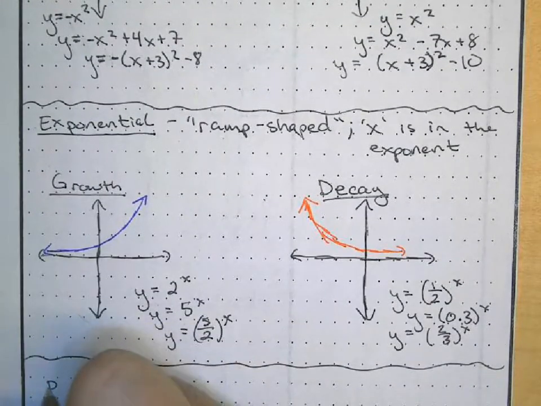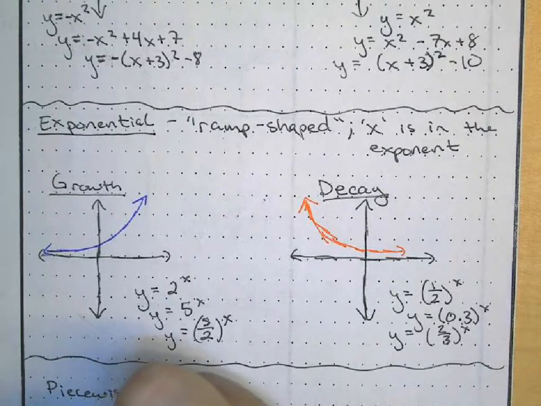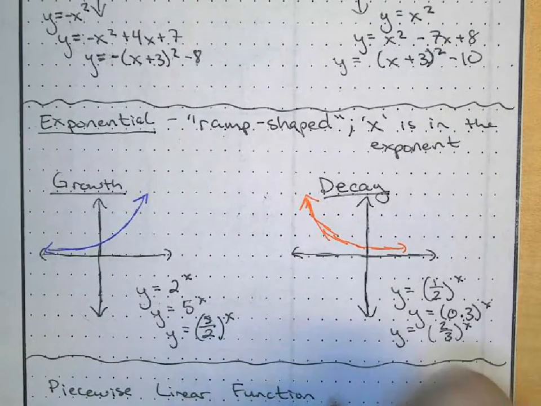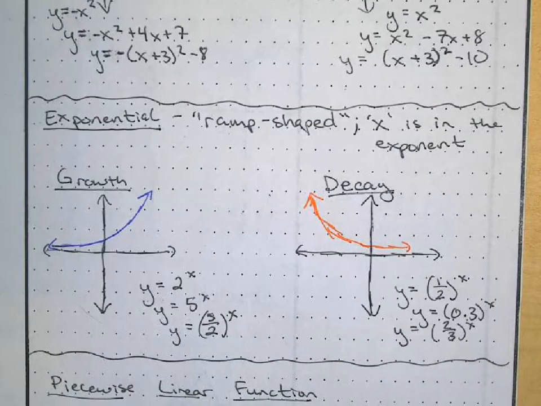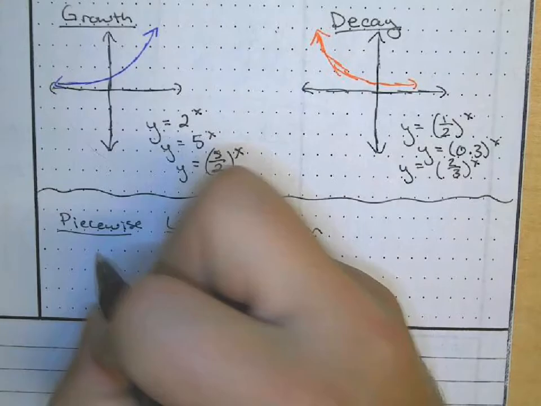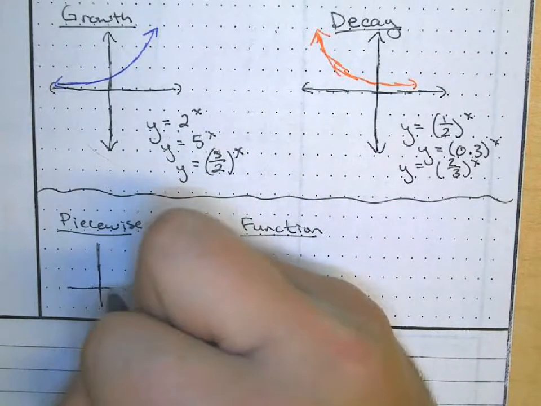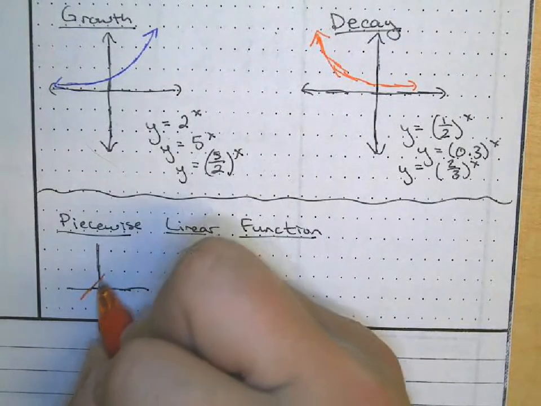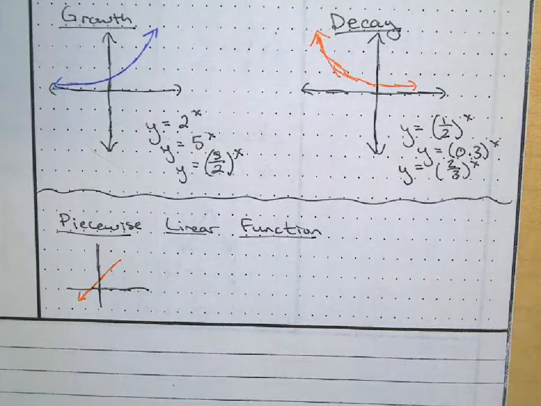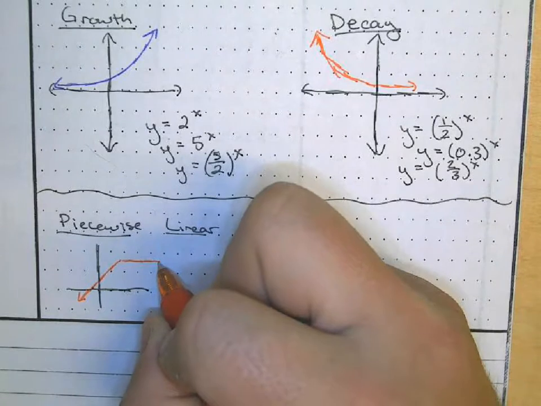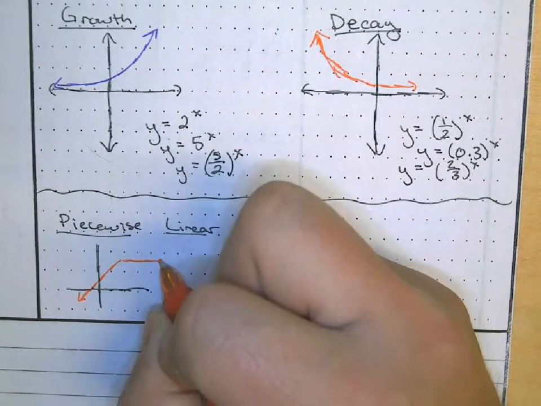Our last one will be a piecewise linear function. This is a function that's broken up into multiple pieces that you can pretty much clearly see when looking at the picture. And then the equation itself will have multiple pieces. So let's say I'm looking at this one. I could have a line going up, and then maybe it flattens out, and then maybe it goes down like so.